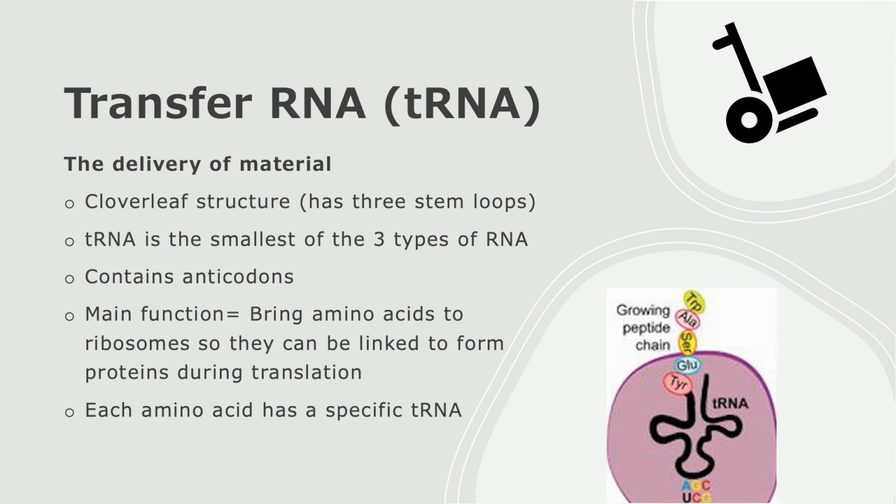Each of the 20 amino acids has a specific tRNA. So it's going to match up exactly, and each of the tRNAs is going to contribute a different amino acid to the sequence. So it's not just one of the tRNA molecules being involved in translation. They're going to keep constantly switching out.